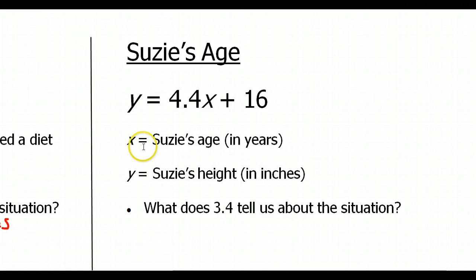X is Susie's age in years. And then Y is Susie's height in inches. Okay, so I don't really like the name of this problem, because it's not really Susie's age that this is an equation of. This is really Susie's height.